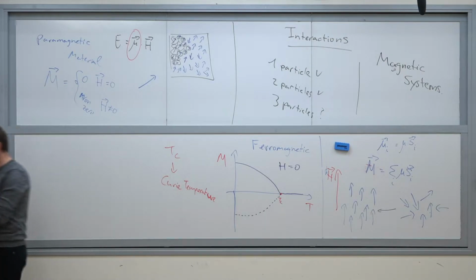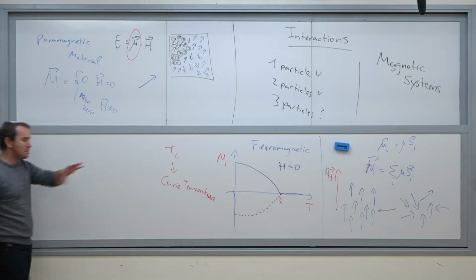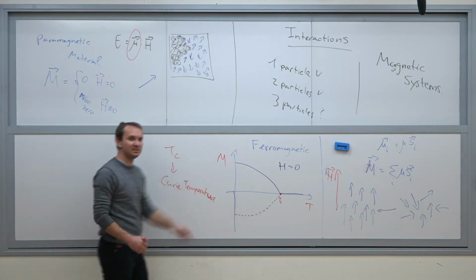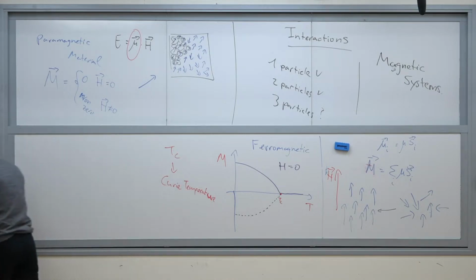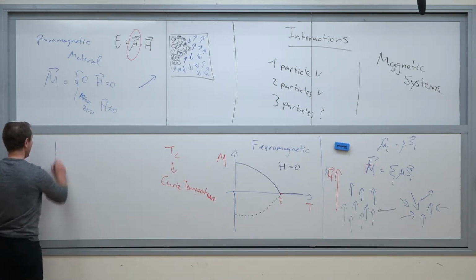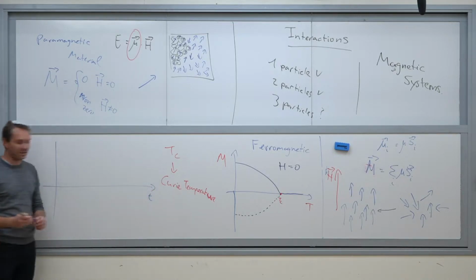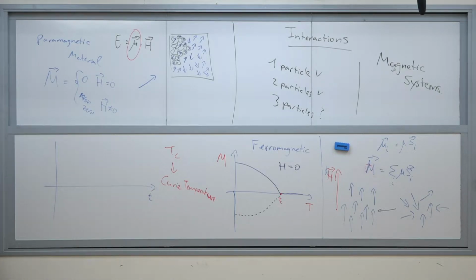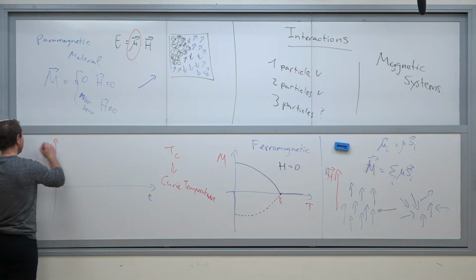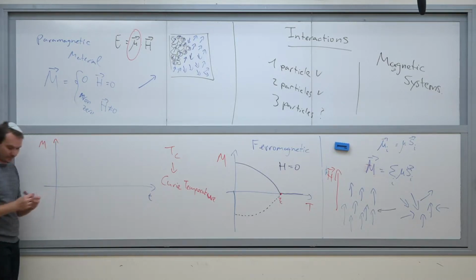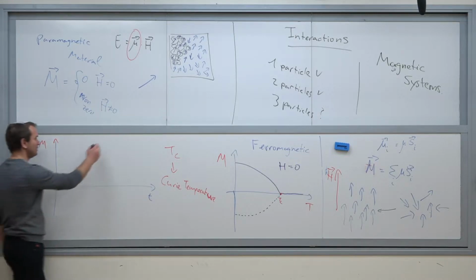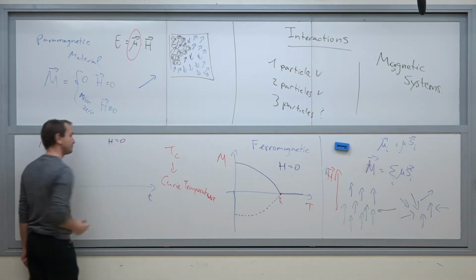Now, what do I mean by spontaneous and what do I mean by non-zero magnetization? If you plot a graph of the magnetization of the material as a function of time, this is the magnetization, and we have H equals 0.